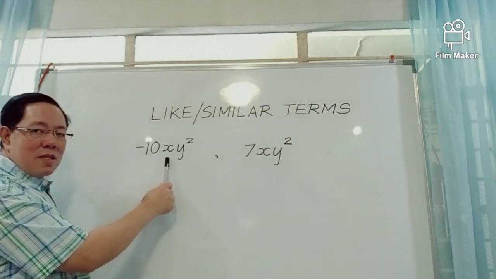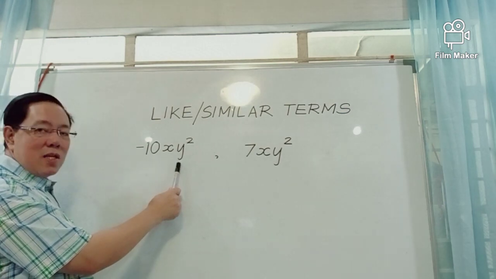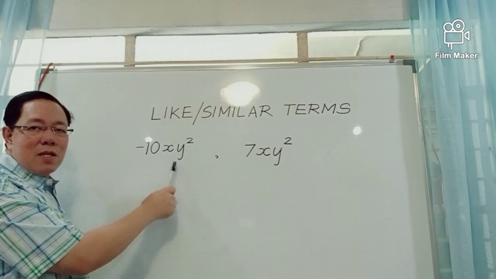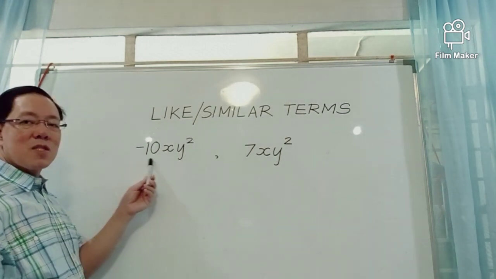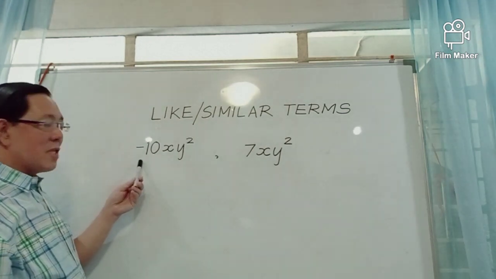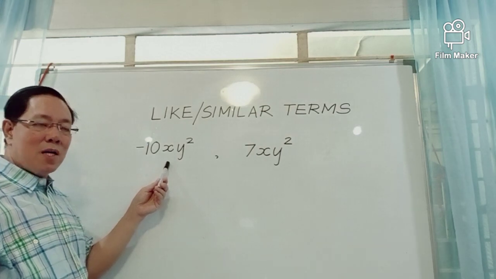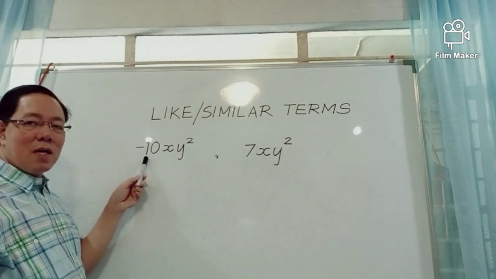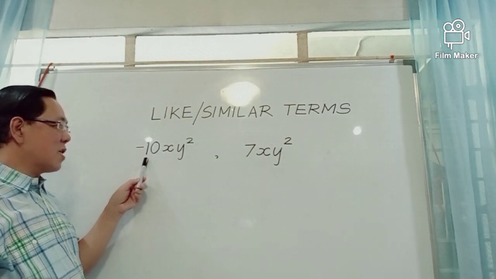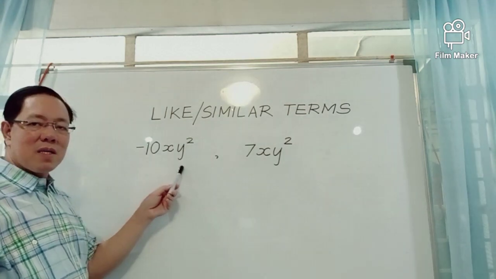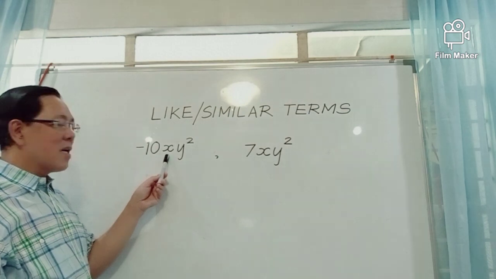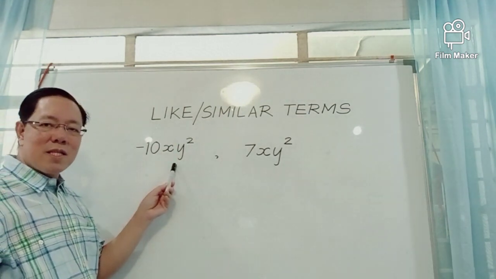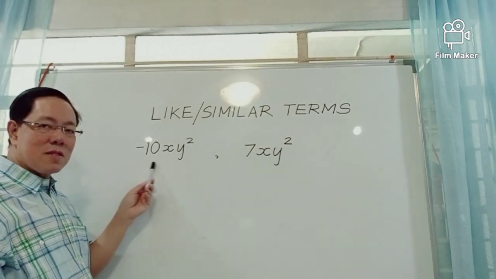The variable x and y squared together is known as the literal coefficient of this monomial.